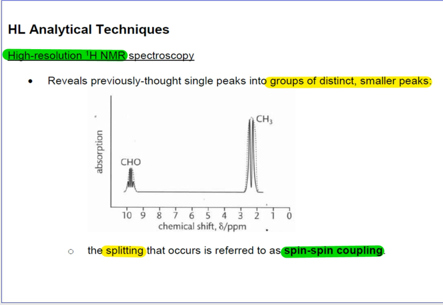This is referred to as spin-spin coupling when we get this splitting of the peaks. And this splitting tells us quite a bit more information about what is near the environment we are examining. So that's what we're going to take a look at.